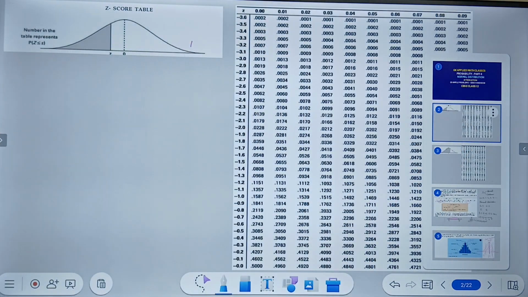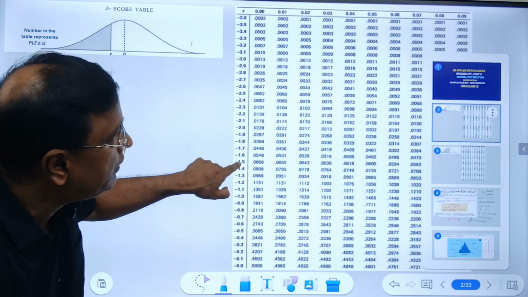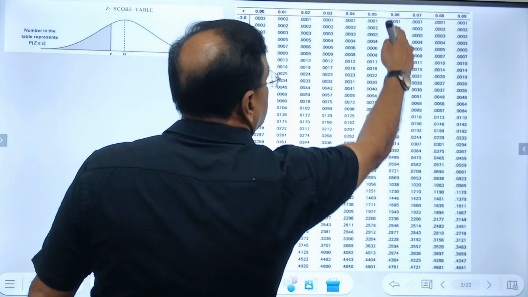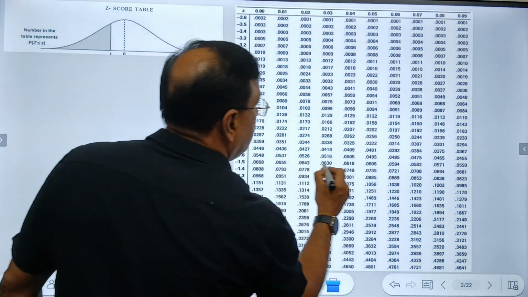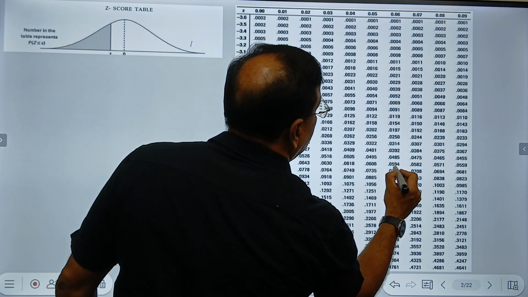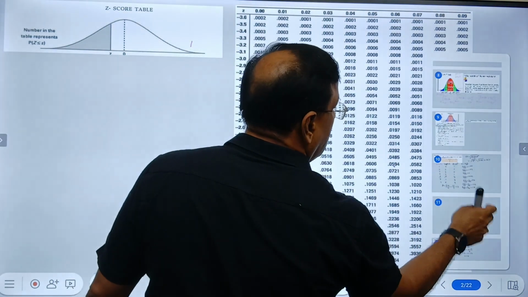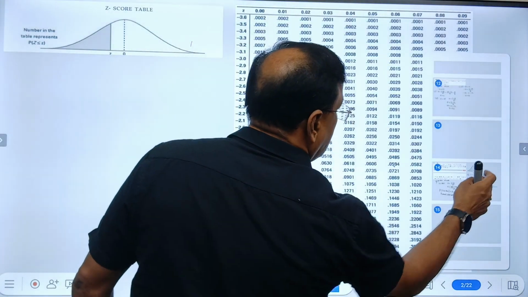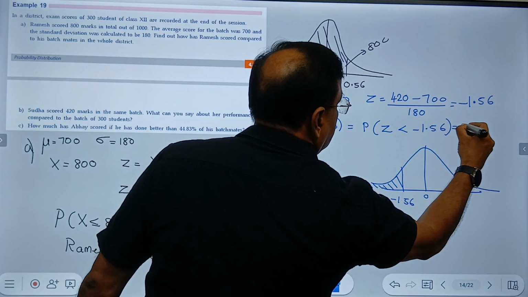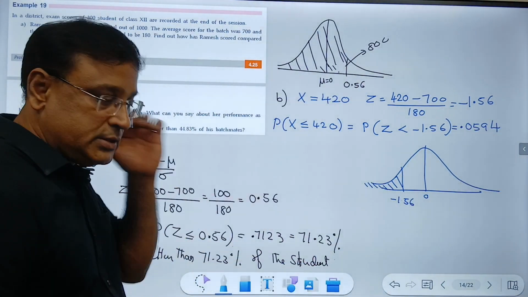Minus 1.56. Minus 1.5 is here. 6 is somewhere here, right? So minus 1.5 and 6, which is 0.0594. So it's very less, right?